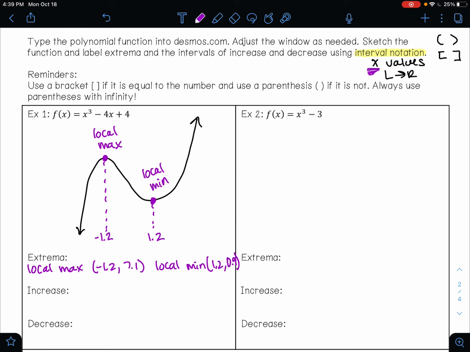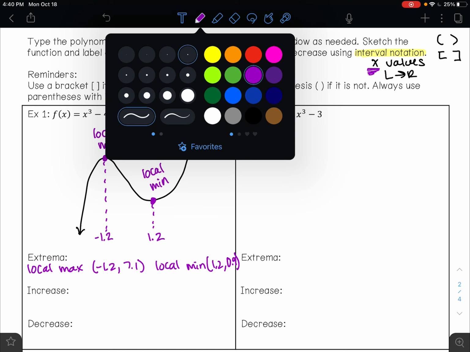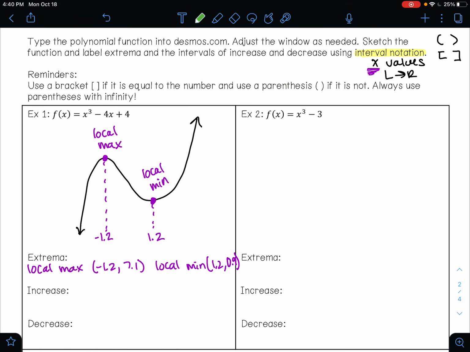For intervals of decrease and increase, we're only looking at the x values. Now remember, for an interval of increase, that is when it is going up from left to right. So let's look at this graph. I'm going to start at the beginning. And when I go from here to here, do we go up or down? We went up, so that's the interval of increase.